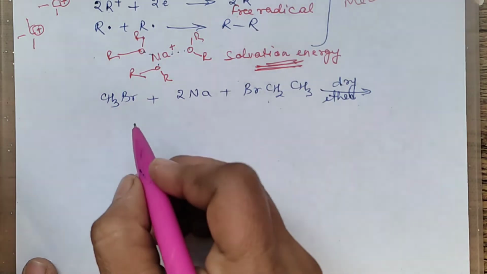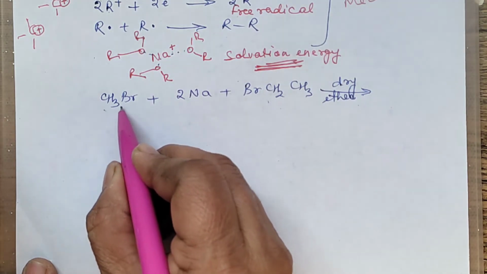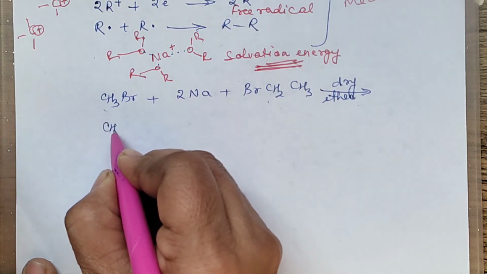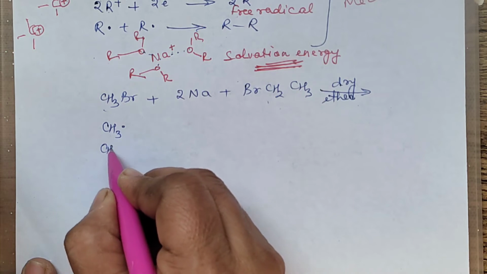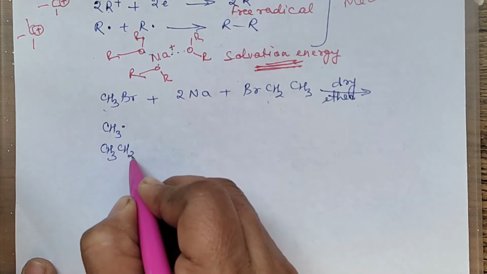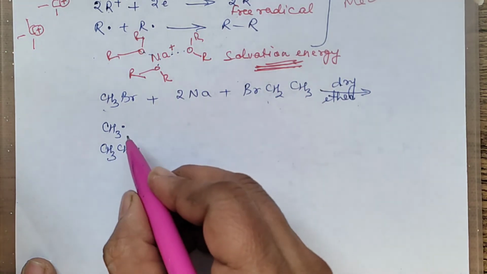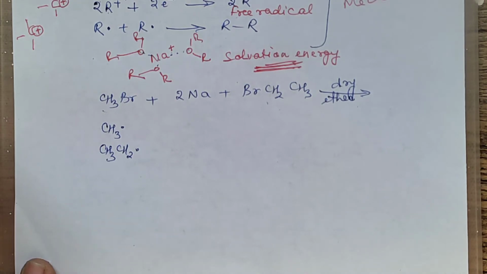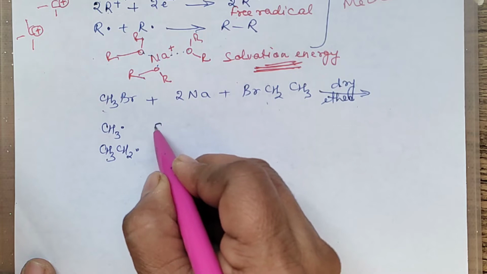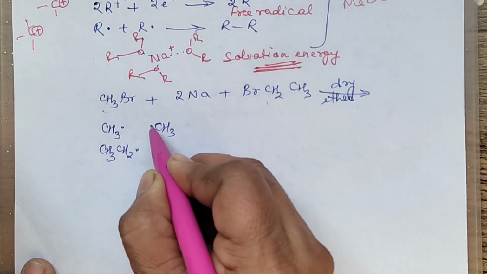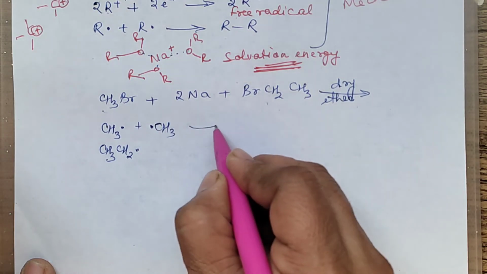Because when this is getting ionized, this part will form a methyl free radical. This part will form an ethyl free radical. Right? So when these radicals are available, there is a possibility that one methyl can combine with another methyl of the same type to form ethane.